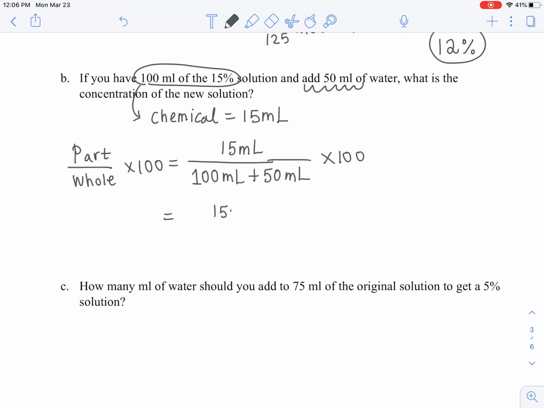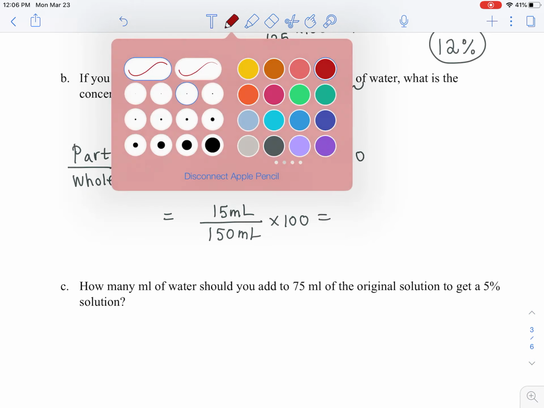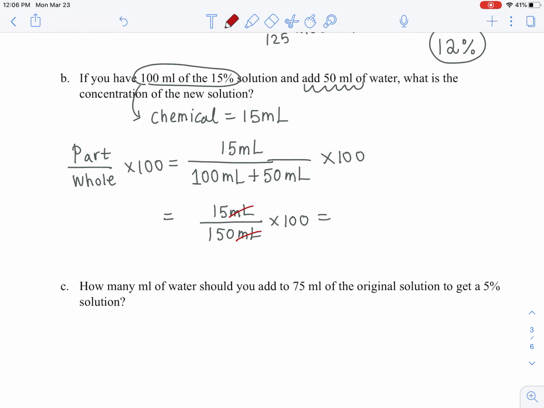So that's 15 milliliters over 150 milliliters, multiplied by 100. Notice the milliliters cancel out. 15 divided by 150 times 100 is going to be 10. Therefore, the concentration of the new solution is 10%.